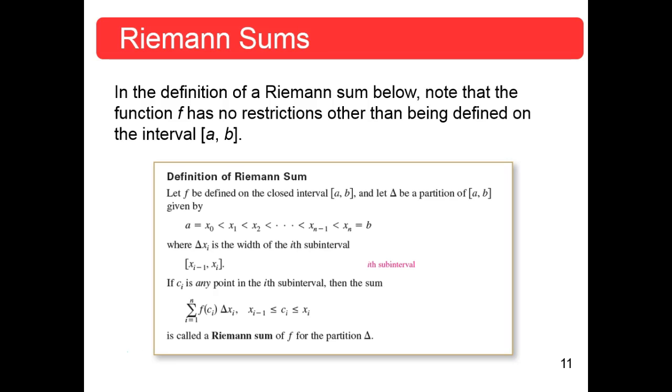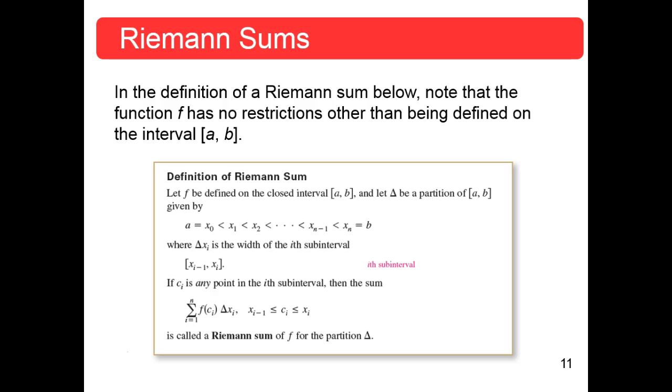Now let delta be a partition of a to b given by a is your x of 0, and then you have some x of 1, x of 2, x of 3, x of 4, x of n minus 1, x of n, and that x of n is going to be b. So any partition here, they don't have to be equal widths, okay?